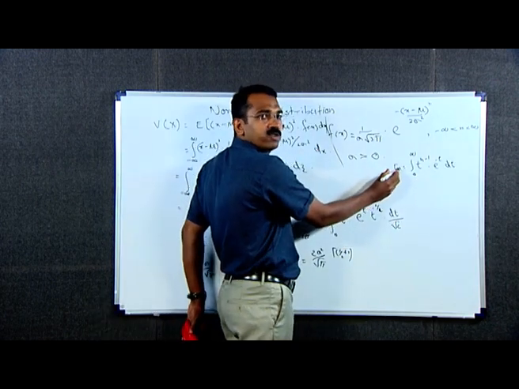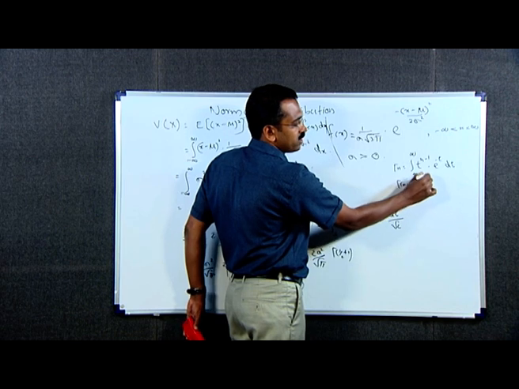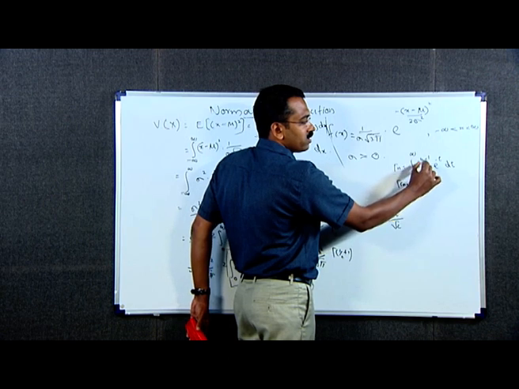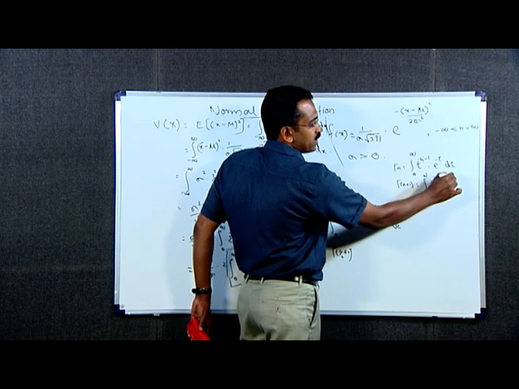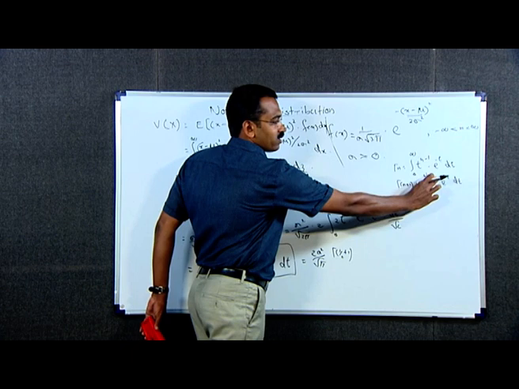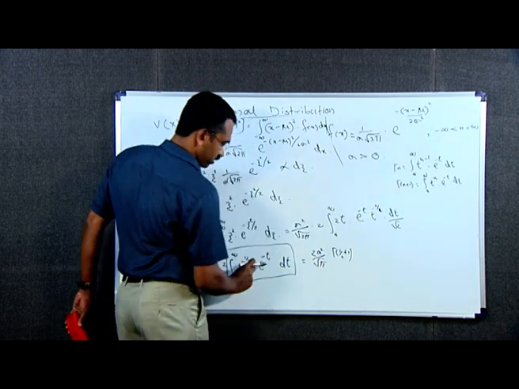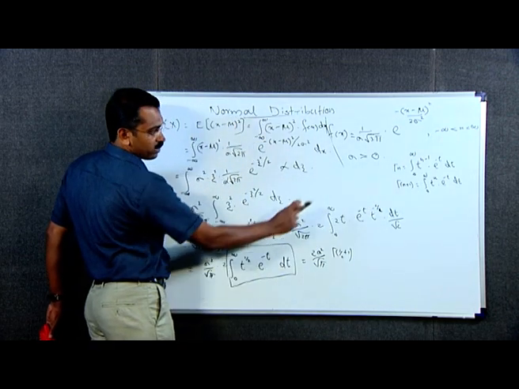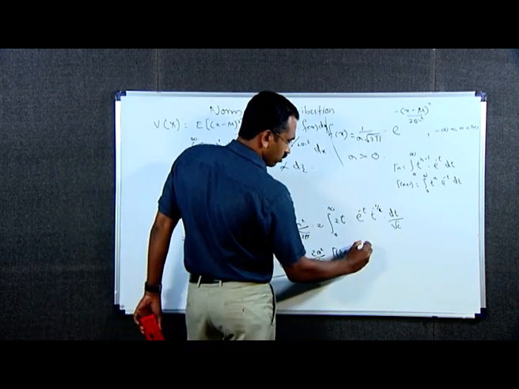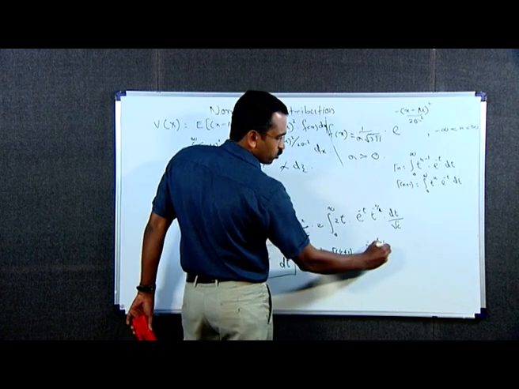If we replace n with n plus 1, we get gamma n plus 1 as integral from 0 to infinity t raised to n plus 1 minus 1, that is t raised to n into e raised to minus t dt. By comparison, here n is equal to 1 by 2. Instead of n, it is 1 by 2. Therefore, this is gamma 1 by 2 plus 1, which is equal to 2 sigma square divided by root pi into gamma 3 by 2.